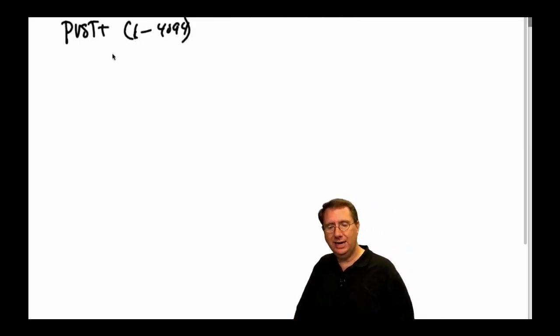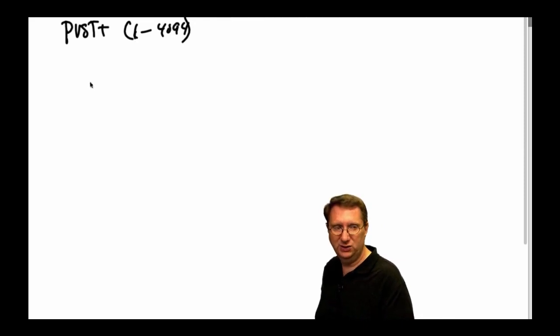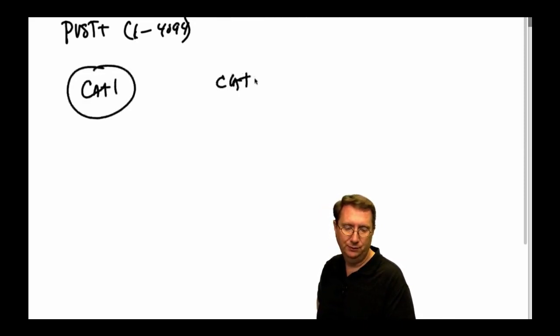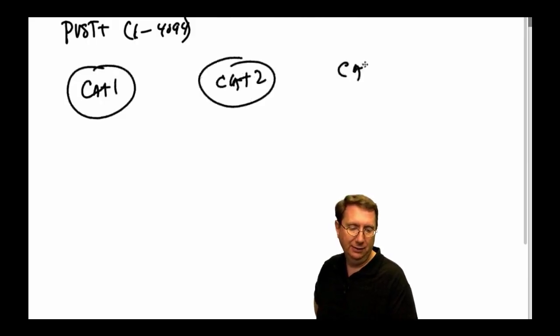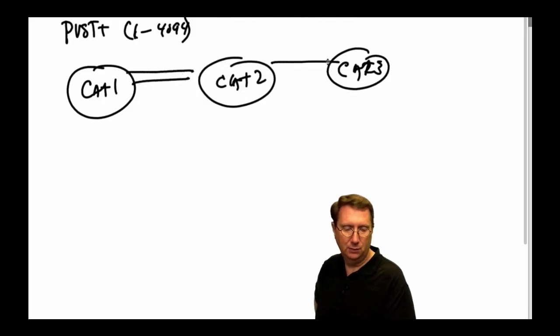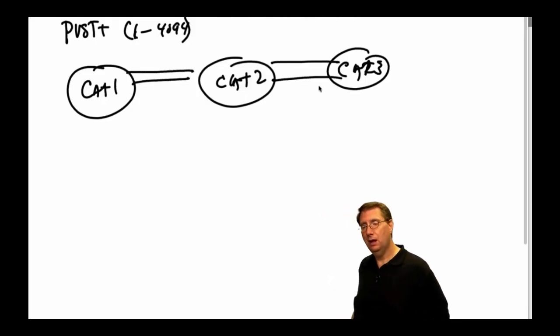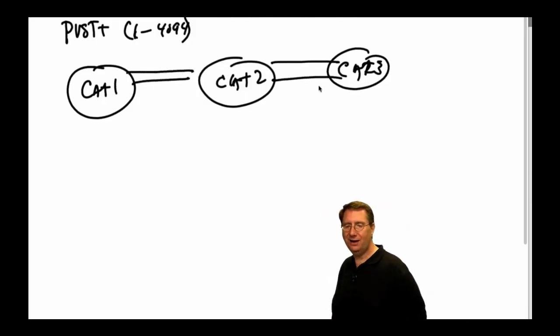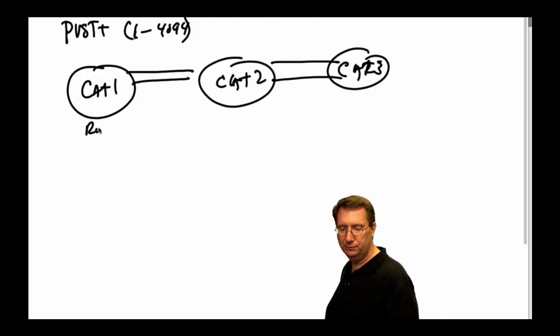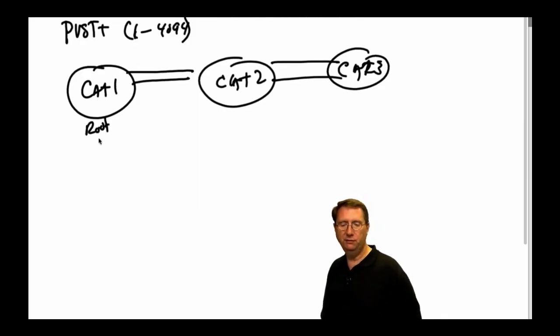So what we need to understand is that when we look at our interconnections, say for instance I have Cat 1 connected to Cat 2, connected to Cat 3, I'm going to have multiple links. And let's say this is the root bridge for all VLANs.